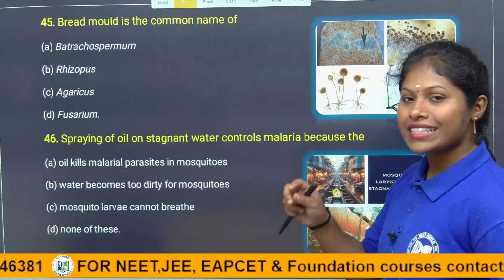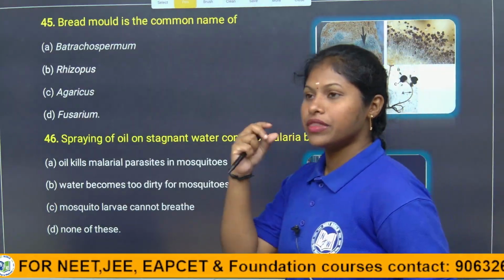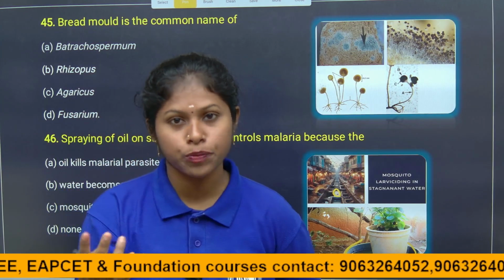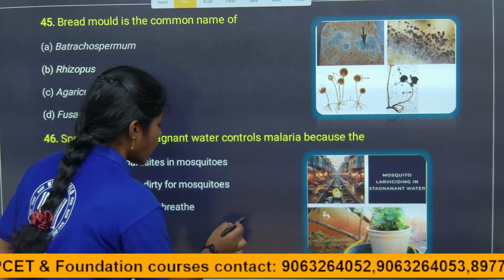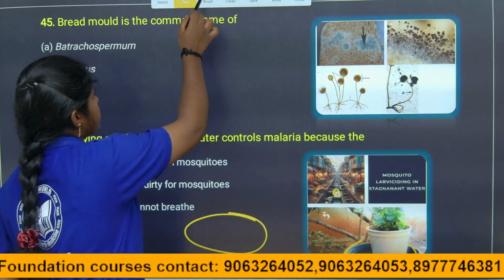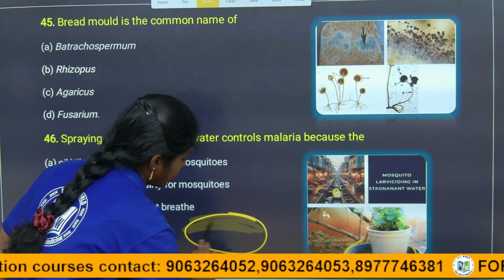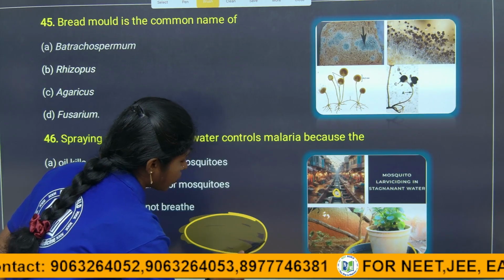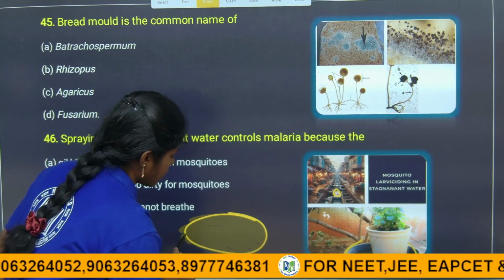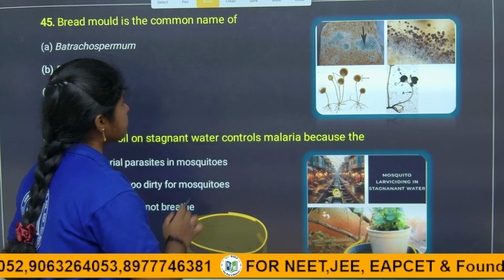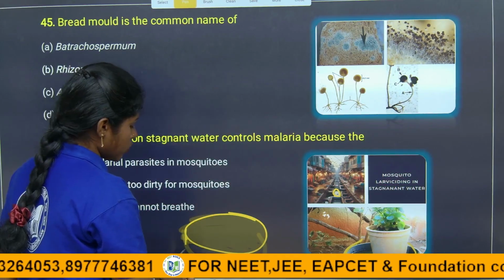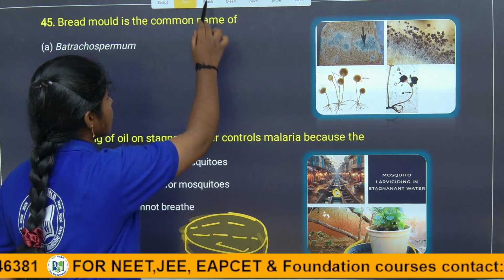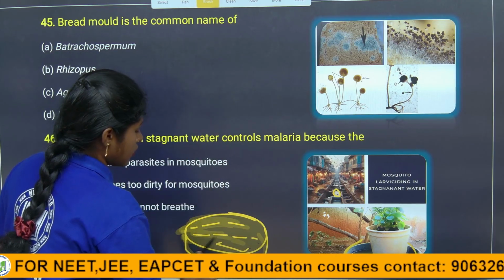when they lay eggs, the eggs are in contact with the atmospheric air. Now, if you pour oil on the stagnant water, children, what will happen? Think: there is stagnant water and you poured oil in it.